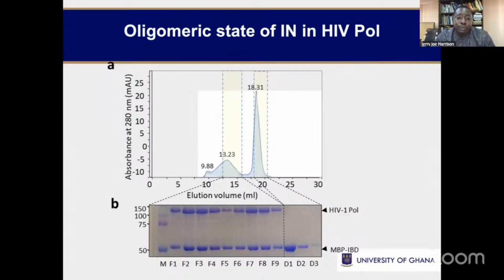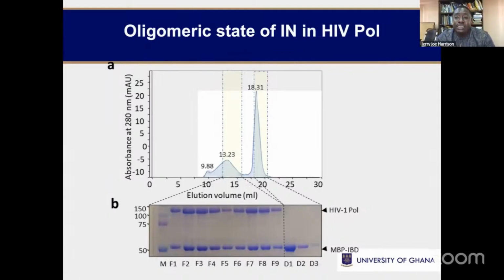So we co-expressed the Pol with a construct of the IBD fused to a maltose binding protein. Interestingly, the maltose binding protein was able to pull down the Pol, and on gel filtration it remains intact. This is after two rounds of purification, washing the column with 1 molar salt and all that. And so the binding is as tight as one would expect.